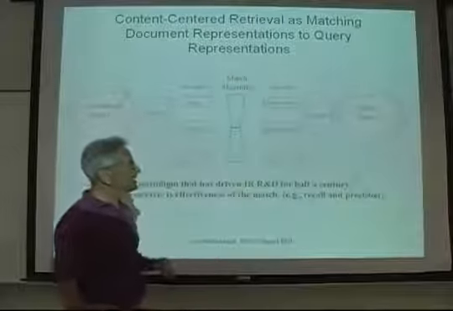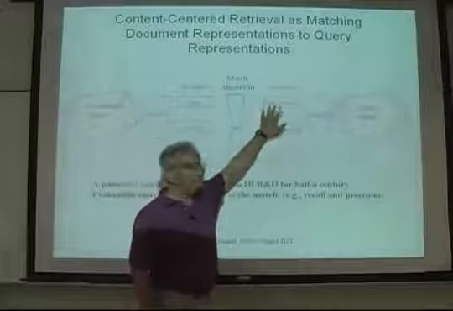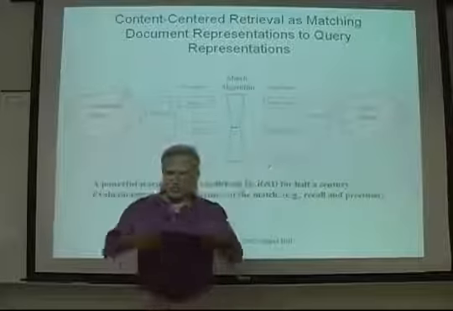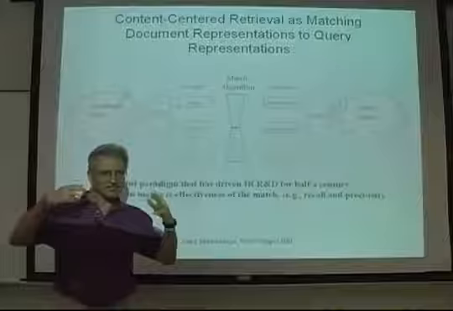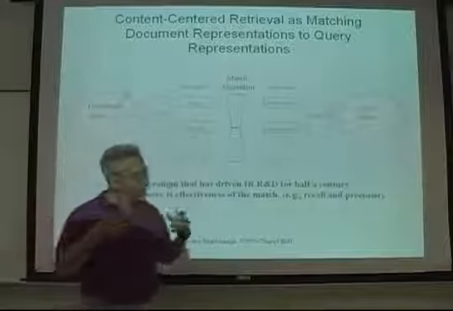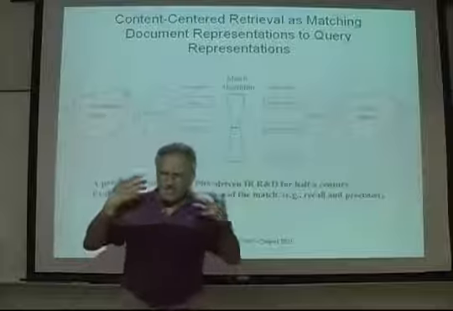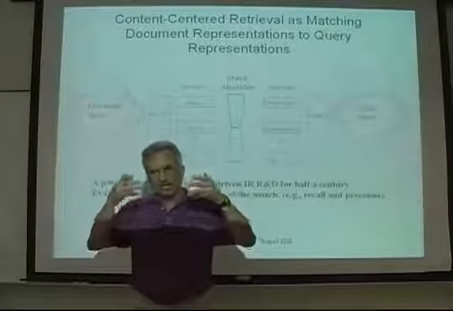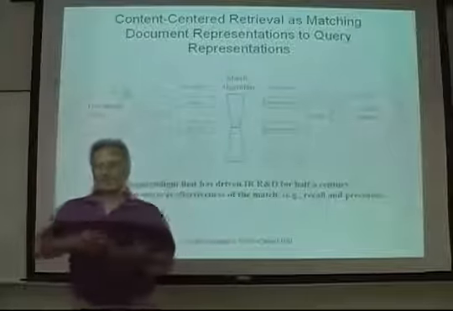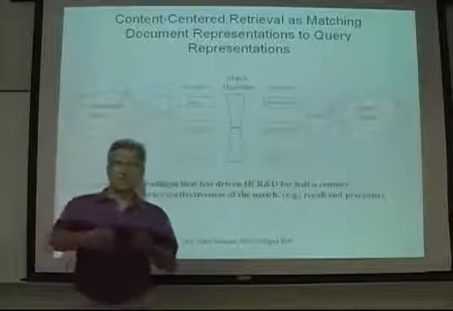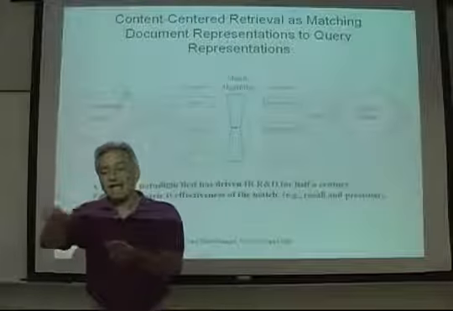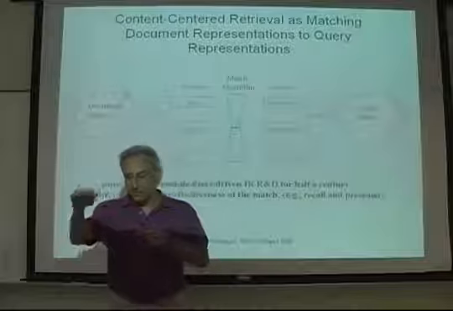Likewise, on the query side, we also have a surrogate for the query. If we think about the classical Taylor model of how people express their information needs, there's my real need, then there's what I can think about and articulate and get out to the system, and then there's that compromise need of, well, I can't actually say it that way, I have to articulate it to the system in a certain way.